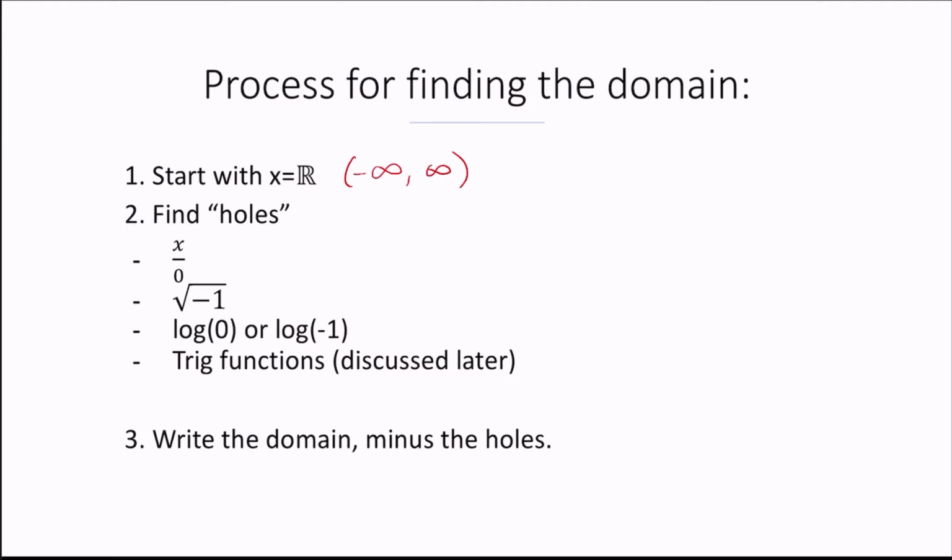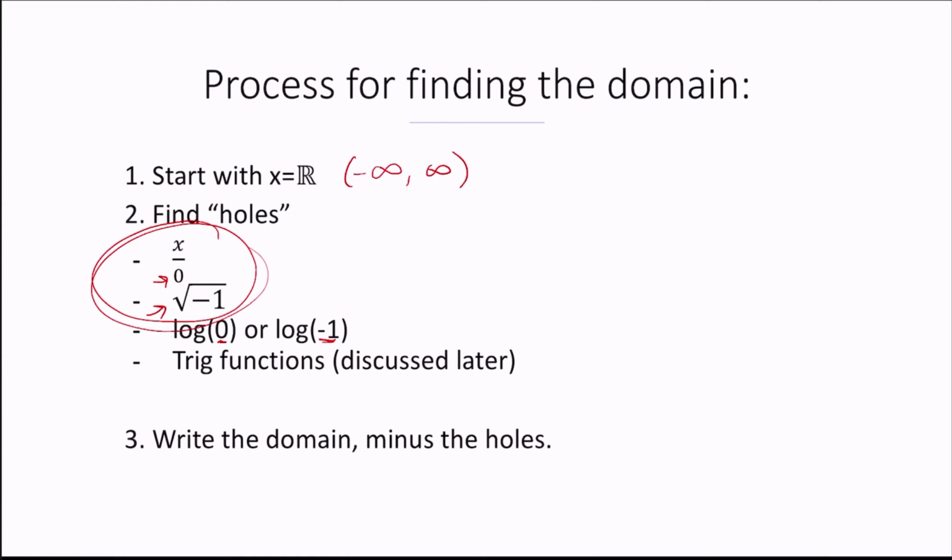So x can't be anything where we have to divide by 0, anything where we have to take the square root of a negative, anything where we have 0 or a negative inside a log, which we'll talk about later on in the course, and trig functions have special domains. We'll talk specifically about domains and ranges of trig functions when we get there. But right now, the two that you need to worry about are these two.